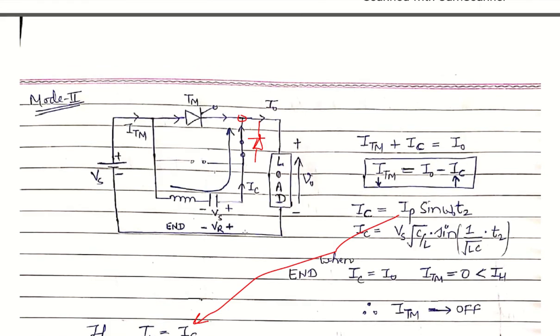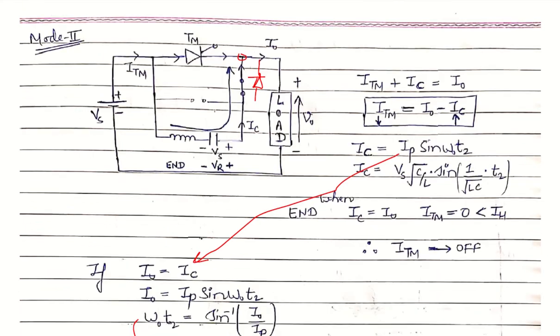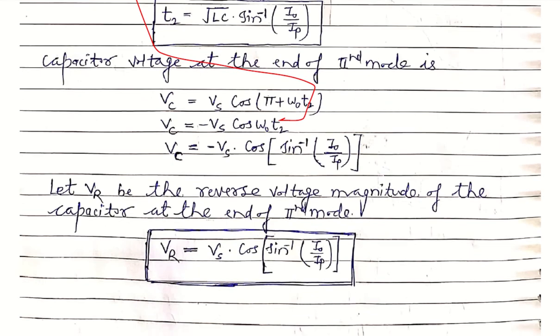Why negative? Because it is basically applying the reverse voltage to this main thyristor, helping in the off condition. So it is working as a reverse voltage applied to thyristor Tm, and let Vr be the reverse voltage magnitude of the capacitor at the end of the second mode. So this Vc acting as Vr, so Vr equals Vs cos of sine inverse of I naught divided by IP. Why is the negative not here?